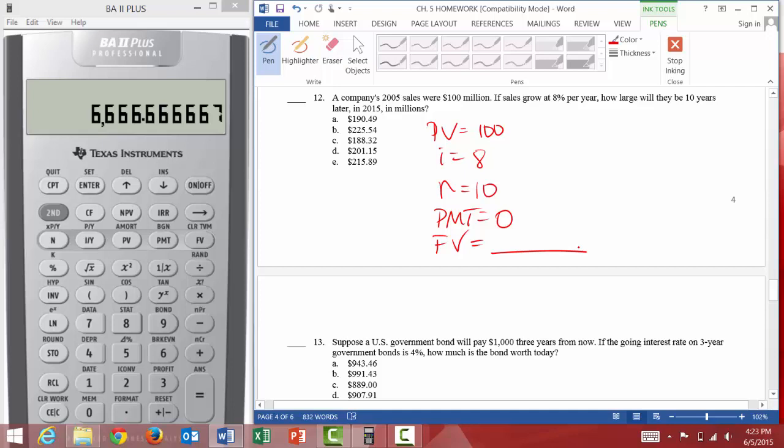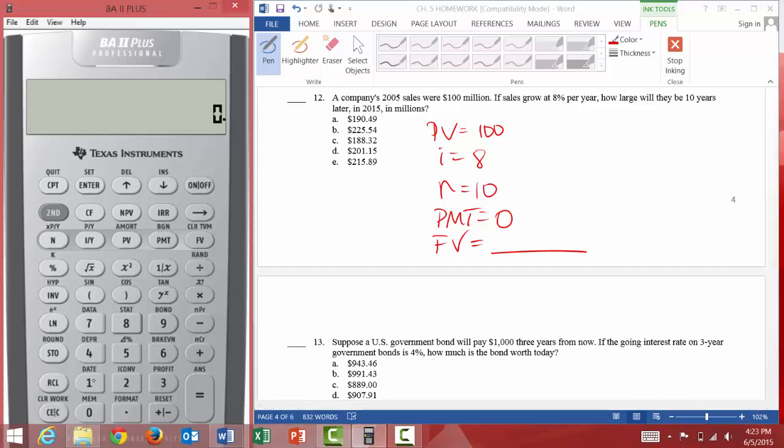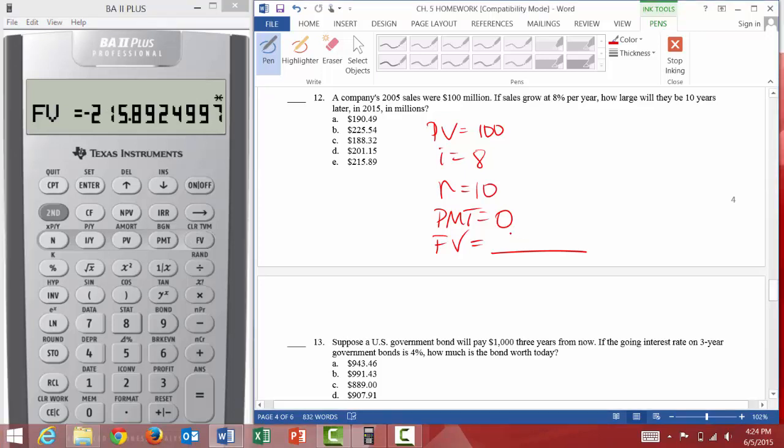So we would go over here and put in 100 present value, 8 I, 10 N, 0 payment, and hit compute future value. And so the sales should be 215.89 million. And so that's answer E.